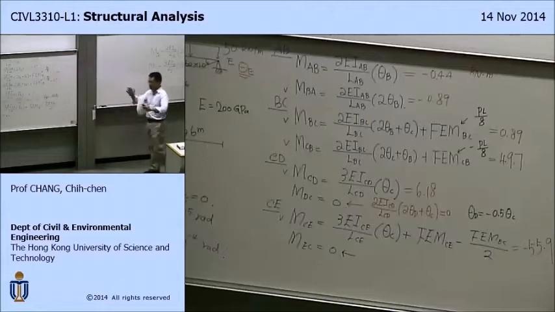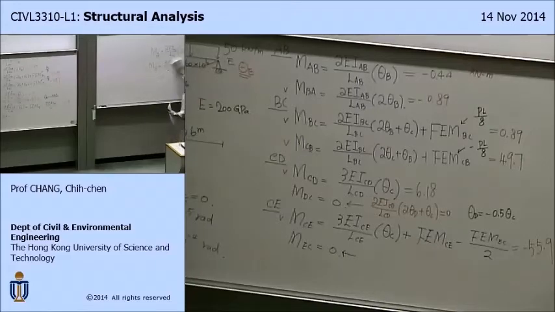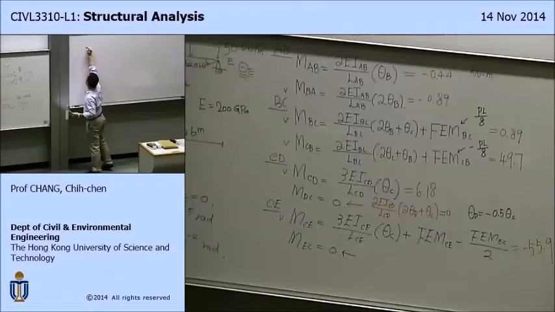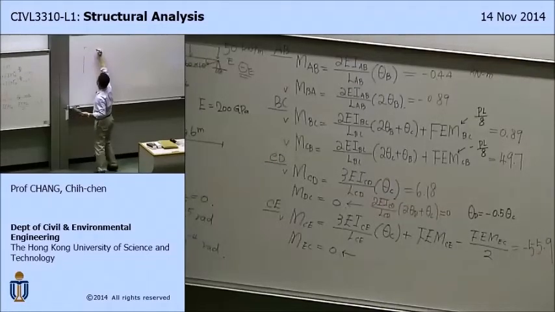So you can solve all the parameters or degrees of freedom if you wish to. Finally, you should be able to plot the shear force and bending moment diagrams. So let me just give you. So this is what we are getting. And what can you go from here?